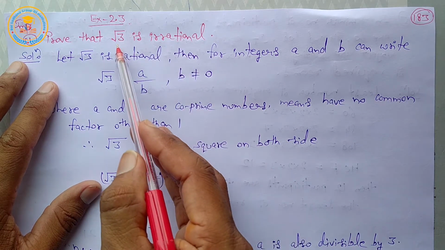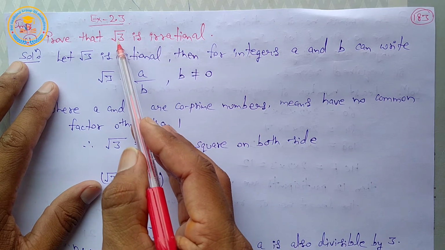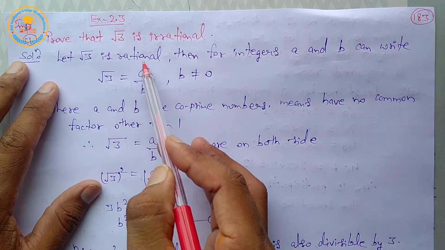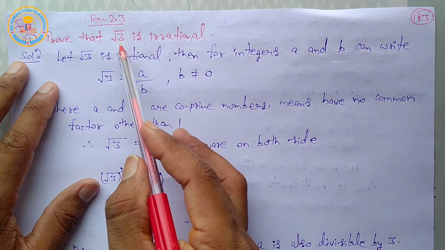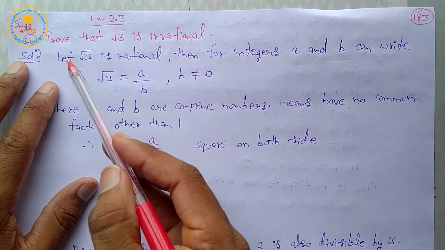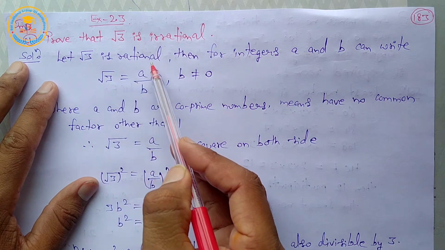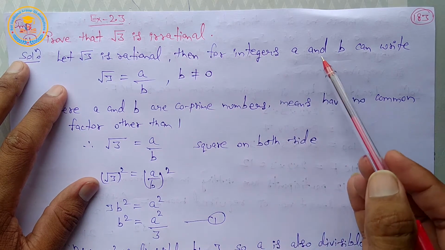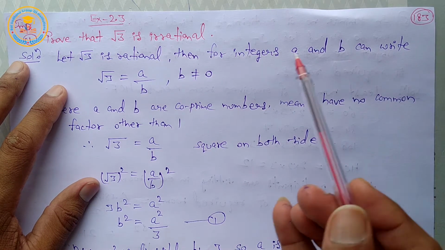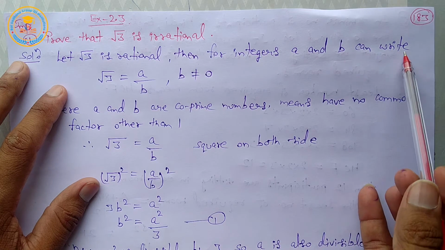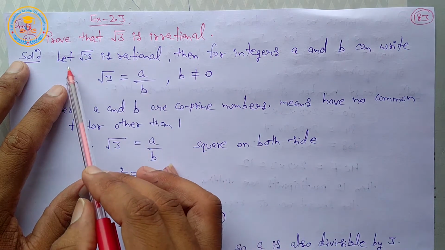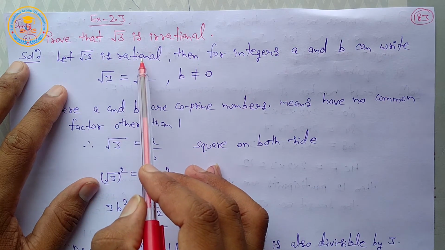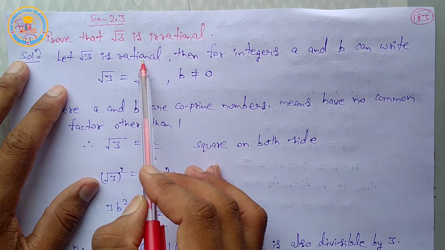We let the reverse, that is, let root 3 be rational. In the given question root 3 is irrational, but we let root 3 be rational. Then for integers a and b we can write: the definition of a rational number is that it is written in the form p by q where q is not equal to 0.